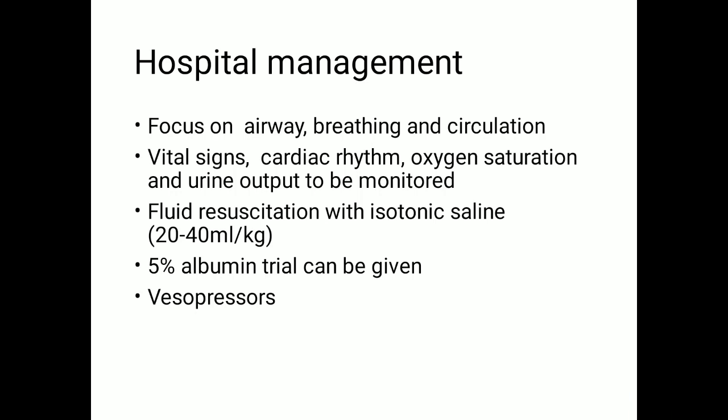Still if his BP is low, then you can give vasopressors like noradrenaline and dopamine. They should be added only if venom-induced shock is persisting after aggressive volume resuscitation. If the hypotension is still there and BP has not picked up, then you can start a vasopressor, norepinephrine or dopamine.